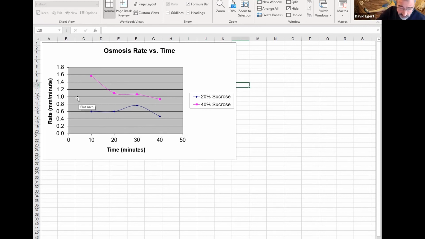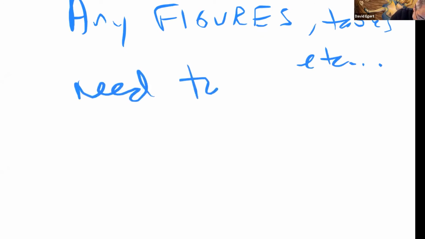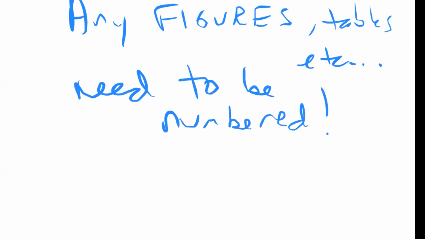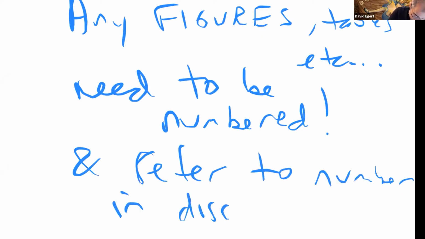The other thing I'll mention, I have noticed that when you're using figures in your discussion, any figures, tables, etc., need to be numbered and referred to by number in the discussion.